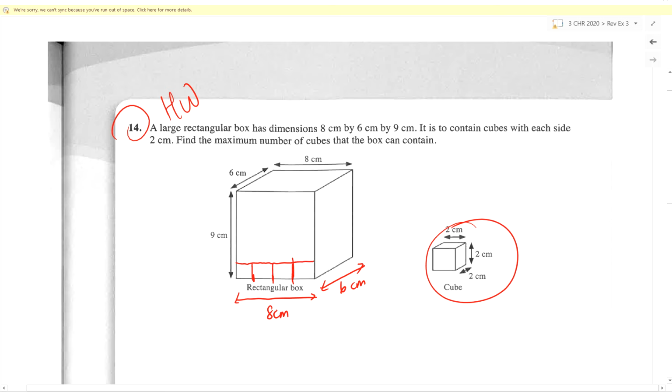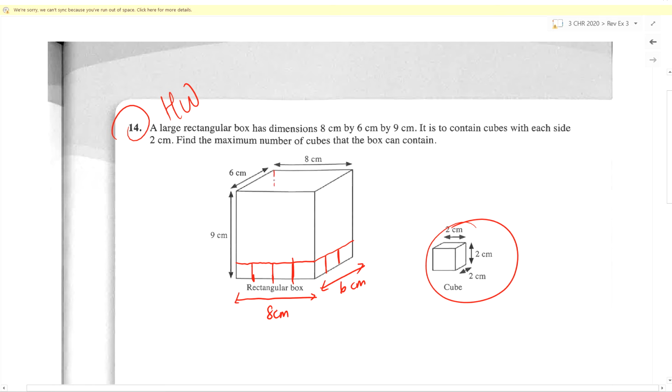Does the drawing make sense to you so far? What about on this side? If this is 6 cm, how many do you think I can fit? 3. So this is the outside view.